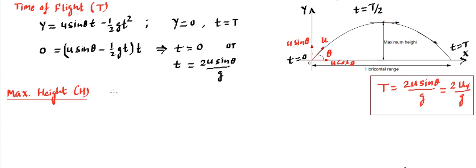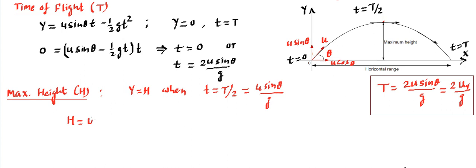So I'm writing directly over here, that means y will be equal to h, that means maximum height, when this t for time becomes equal to half of the time of flight. And half of the time of flight means it's going to be u sine theta by g. And then let's put this value of y in the equation that we have used, the same equation. So this h will be equal to u sine theta into t.